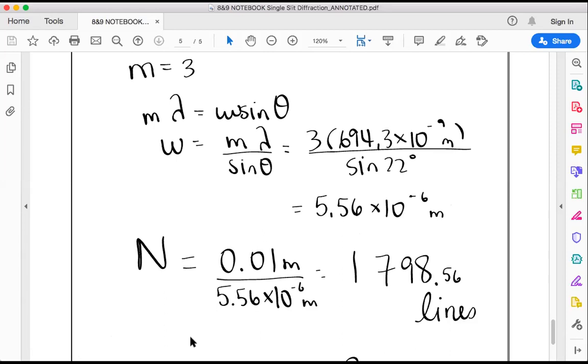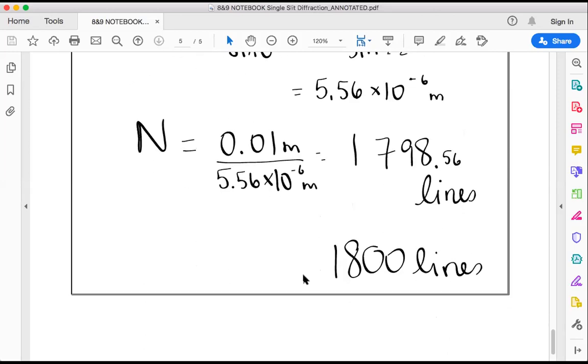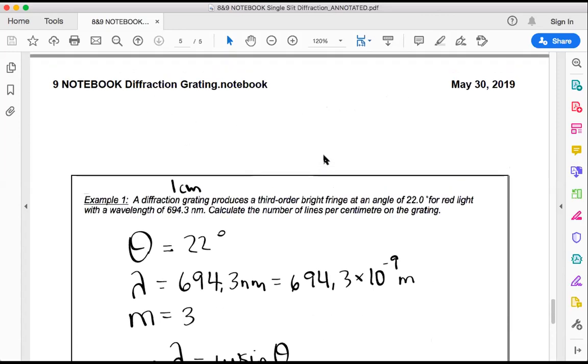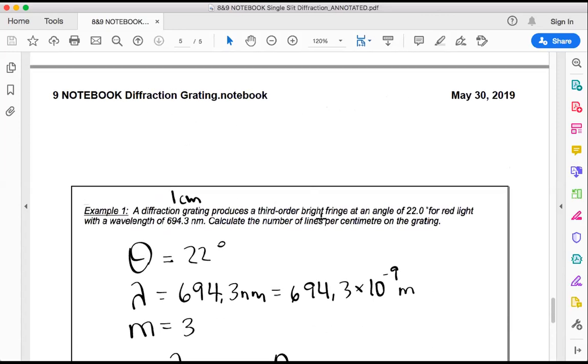So if we want to know how many lines, we would do the total width times 1 line divided by this distance. And so our final answer is 1,800 lines. That is 1,800 lines in that 1 centimeter.